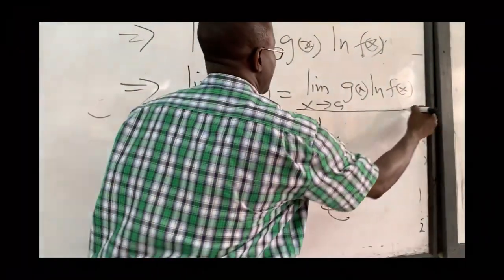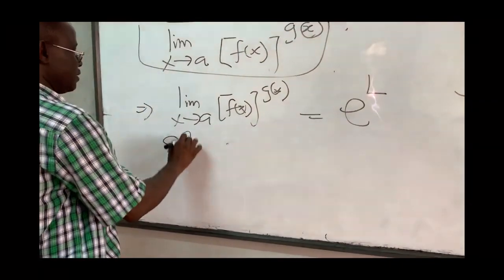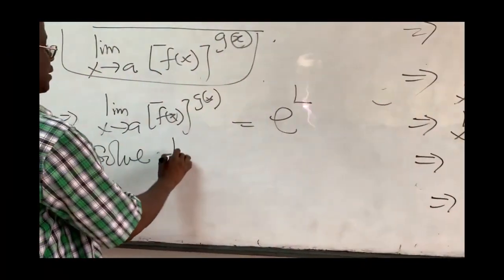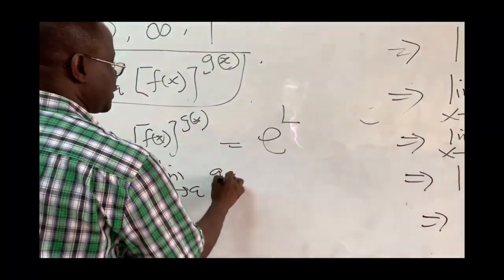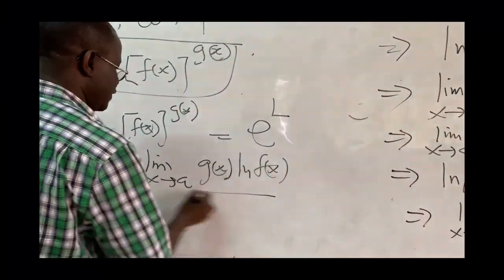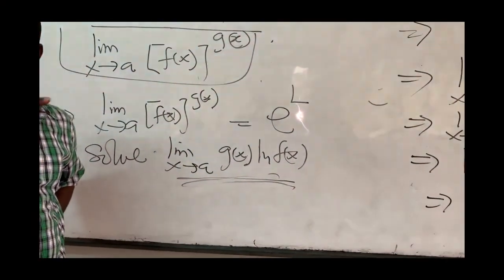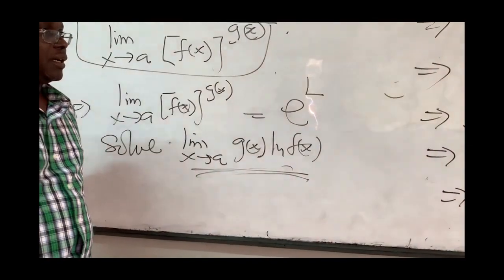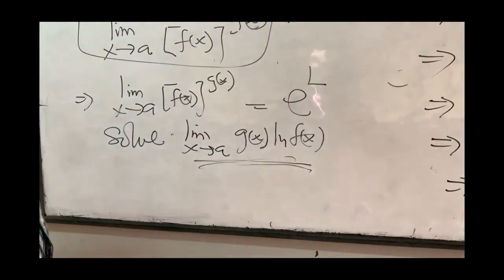Once you get this, then you have a solution. So the main problem to solve is the limit as x goes to a of g of x ln f of x. Once you have this, you're basically there, because you have e raised to the power of that, and that will give you your limit.